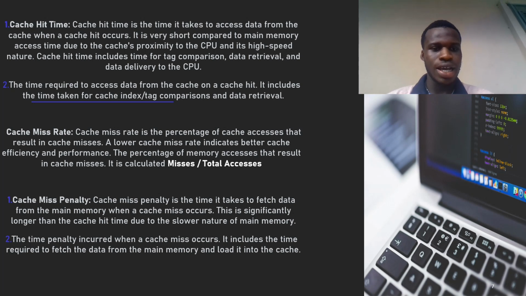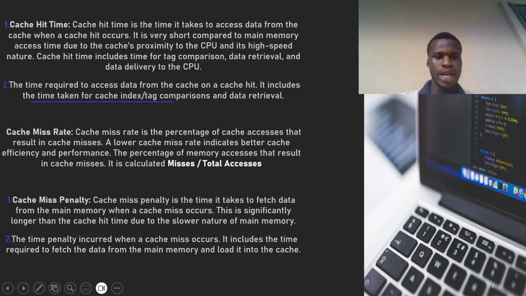That is the formula for calculating cache miss rate: the misses over the total access. Cache miss penalty is the time it takes to fetch data from the main memory when a cache miss occurs. This is significantly longer than the cache hit time due to the slower nature of the main memory.